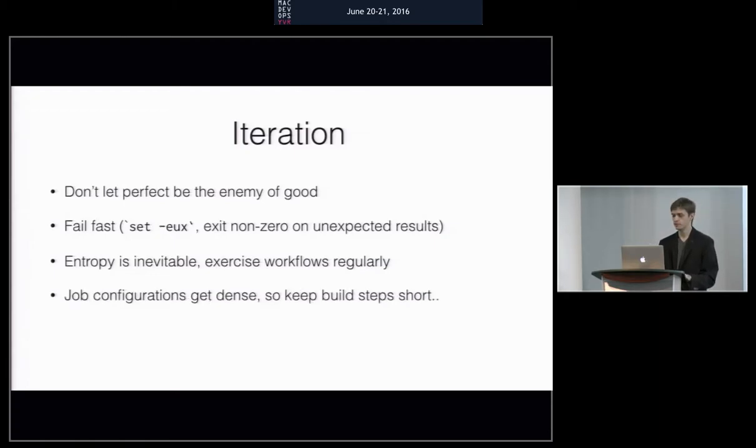In Jenkins, you define these jobs, and the configurations can get quite dense. But for those individual build steps, Jenkins will let you configure these as either scripts inline or just calling them within a code repository. So it's best to try to keep the individual build steps as short as possible, so that the configuration isn't too hard to manage.